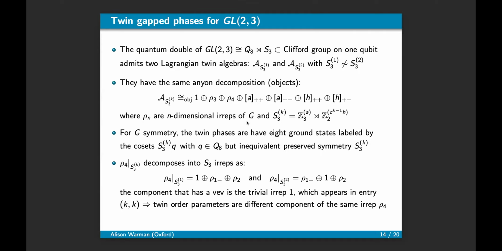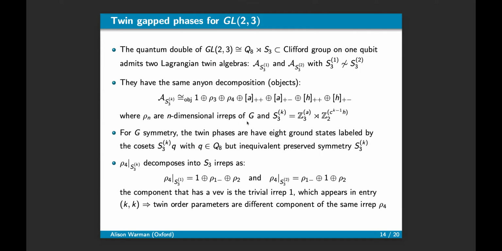Okay. Here, rho are representations of the group of dimension 3 and 4. A is an order 3 generator of S3, and H is an order 2 generator. And the two S3 subgroups differ by their order 2 generator. In one case, it's H, and in another case, it's C times H, and C is just basically minus 1, it's the central element.